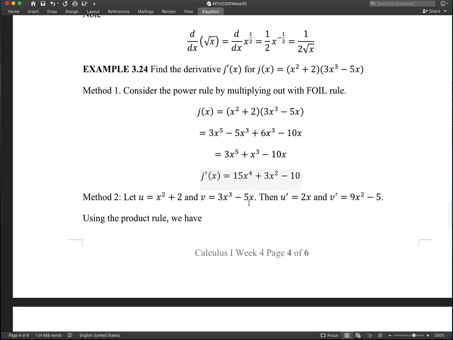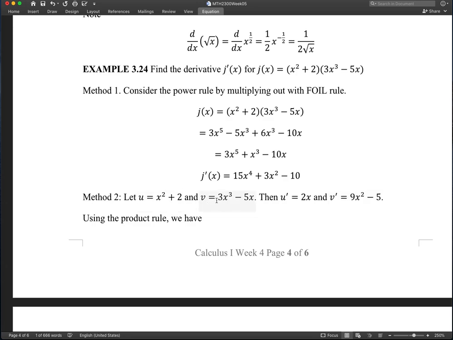And the second method, because I'm presenting the product rule, anyway, I feel it's necessary to give a try using the product rule. So this time I did not use the FOIL rule. I just take u as the first factor, v as the second factor. Then I got a u prime, and also I got a v prime. Hopefully they are very straightforward calculations, right?